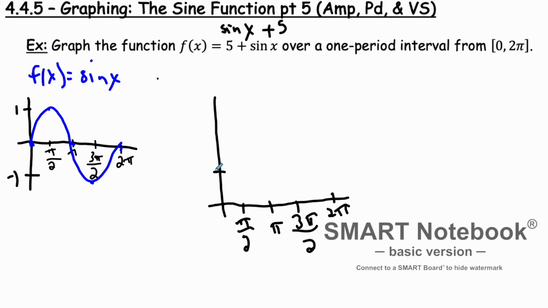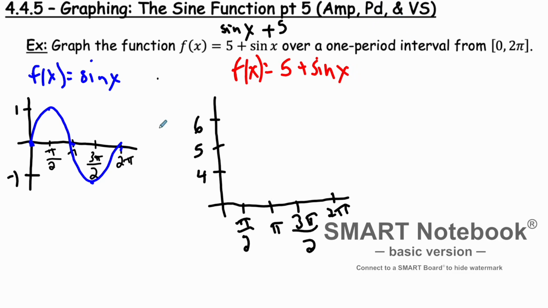So I'm just going to put a line here and call it 4. You could put 1, 2, 3 in there if you want to. 0 will be moved up to 5, and 1 plus 5 is 6. All right, so everything is just getting shifted up 5 units. So f of x is equal to 5 plus sine x.